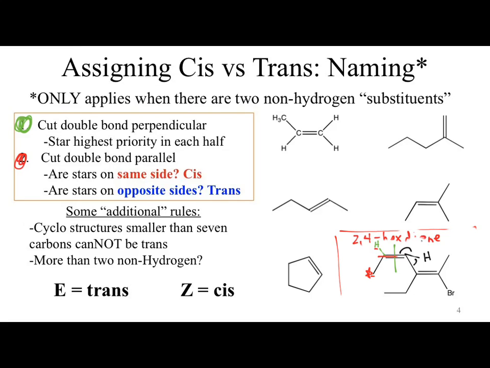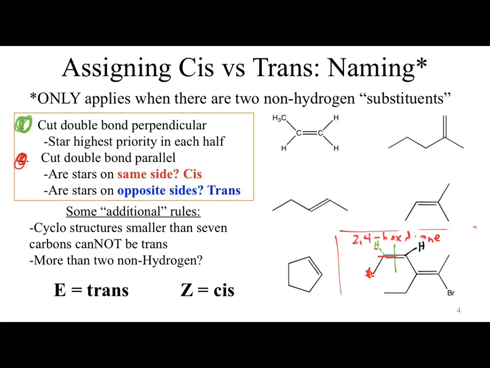It doesn't accurately reflect the three-dimensional structure. So when we draw out our structures, we want to try and be as accurate as possible to the three-dimensional structure because that will help us answer questions. It's not something, for better or worse, that I'm going to take off points for, but I do want you to be trying to draw them out as accurately as you can.